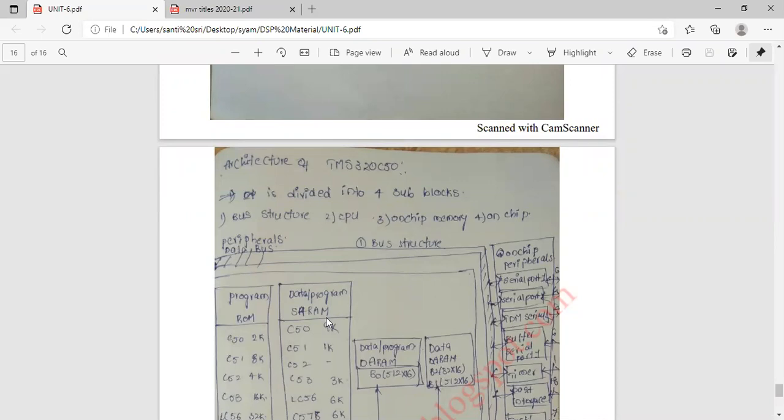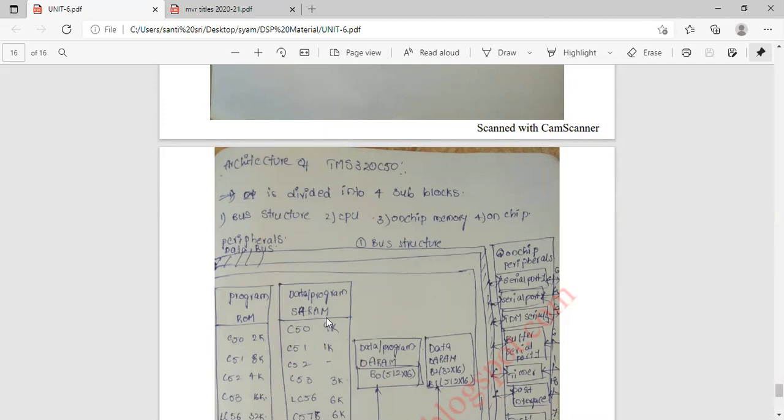CPU, on-chip memory, and on-chip peripherals. It is very important; this may be asked several times. That is the architecture of TMS320C50.